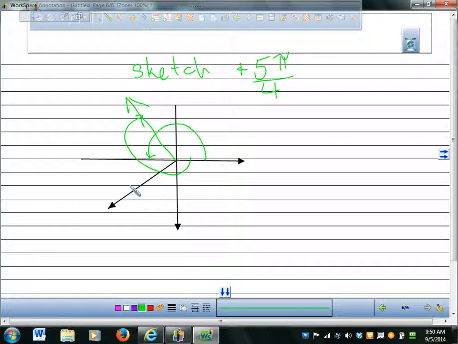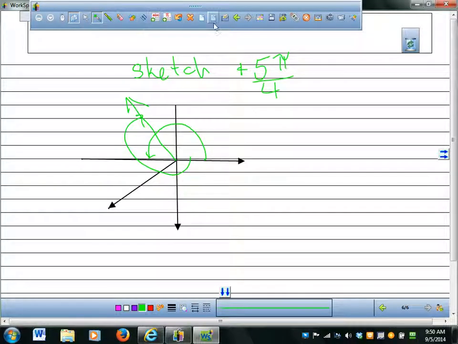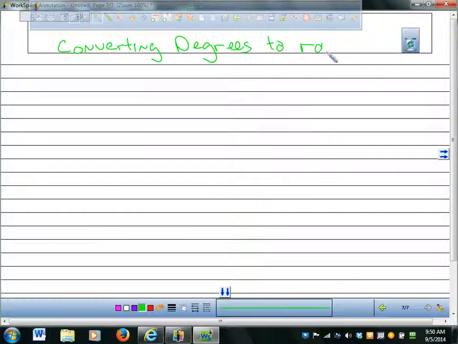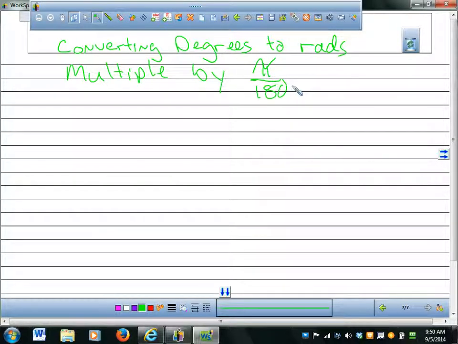We talked about that. Converting degrees to radians. Multiply, because pi radians is equal to 180 degrees, right?